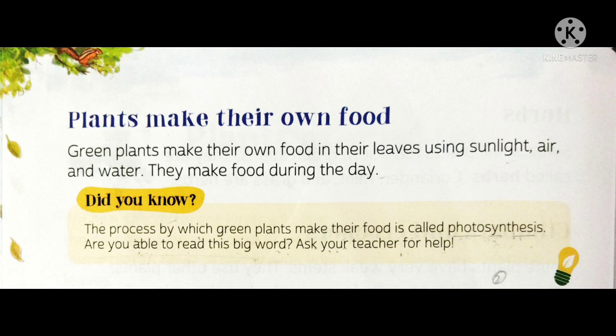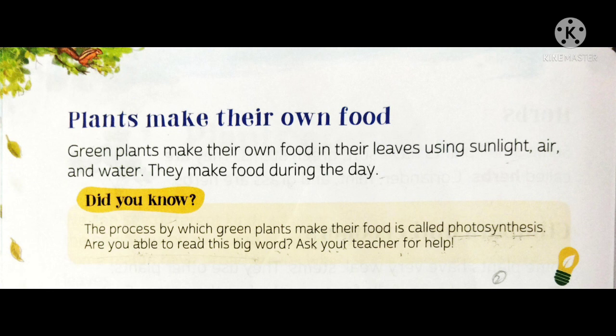And children, you should know that the plants make their food during the daytime when sunlight is there. The process by which green plants make their food is called photosynthesis. So the process name is photosynthesis. This is the process by which plants prepare their own food.